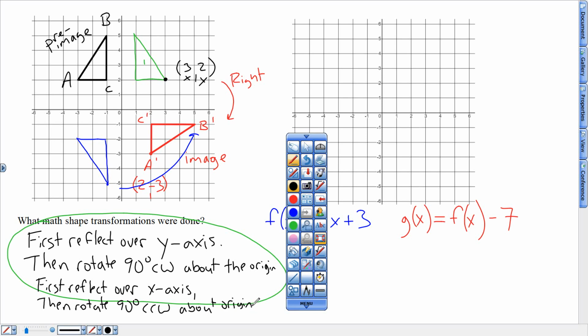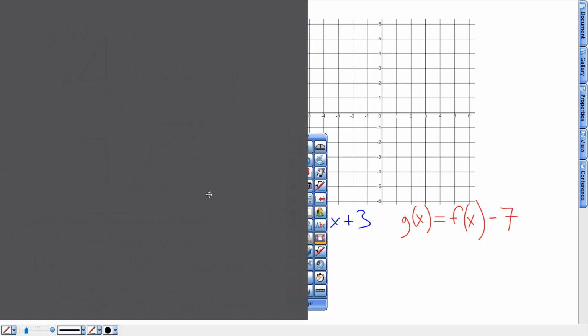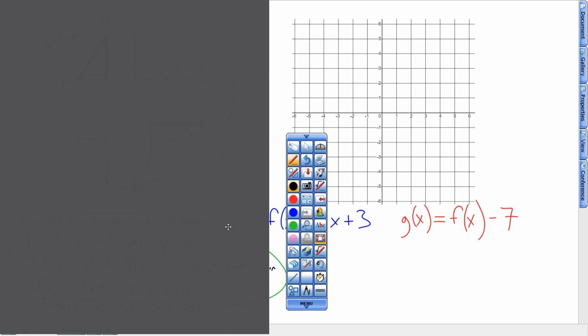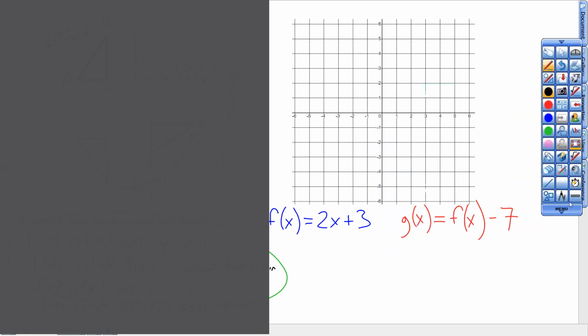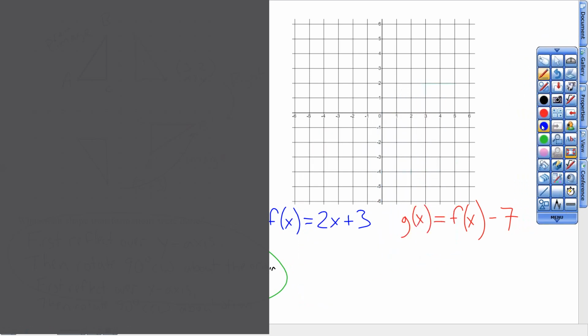All right, so that is math you need to remember. Here is the new stuff. We're doing line transformations now, where we take a line and we transform it, where we're taking one part of one line and plugging it into the other.